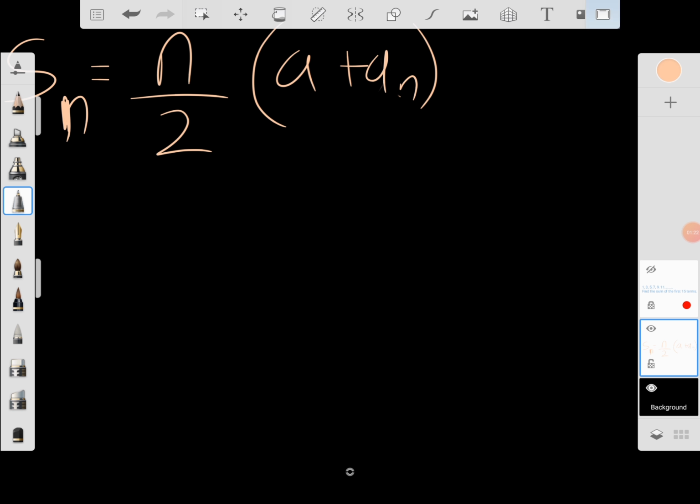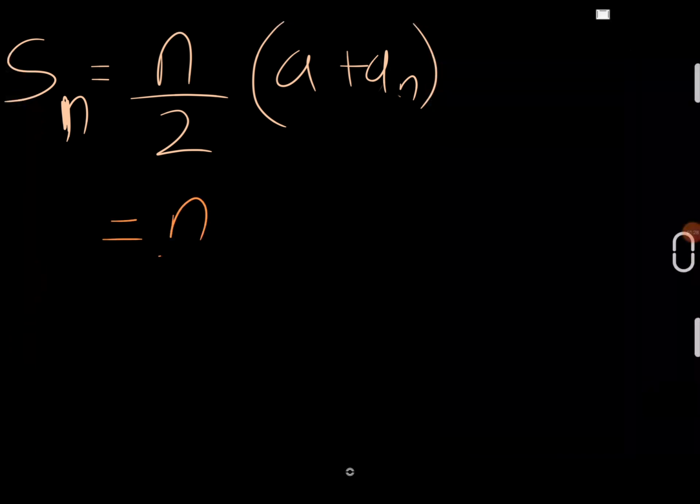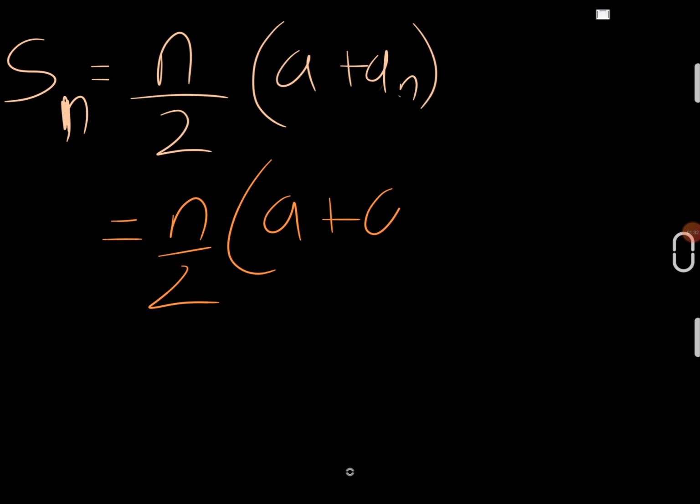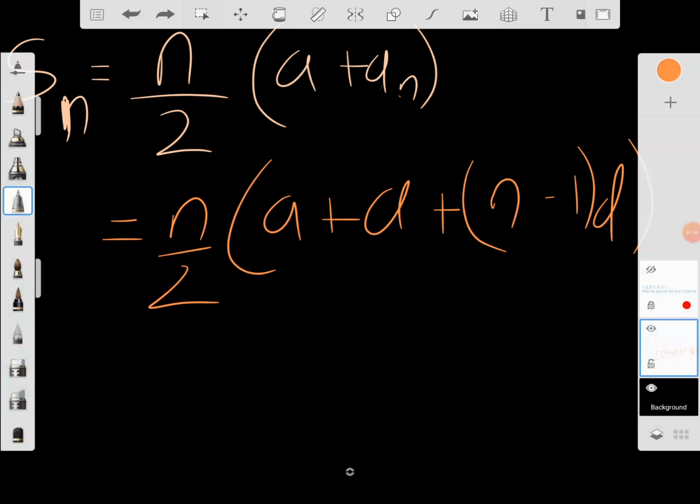Therefore I can say that this is equal to n by 2 (a plus an), and an is a plus n minus 1 d, our formula. Then we see that there is one a here and a here, so a plus a, I can write it as 2a.